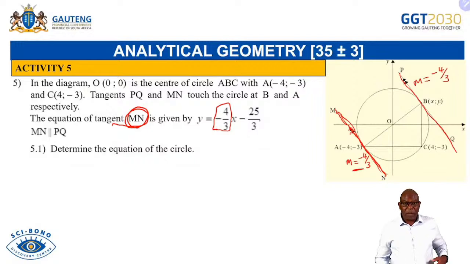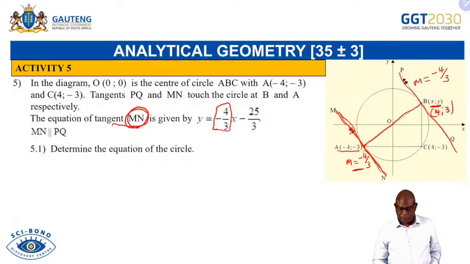So can you see, I'm taking the information that is given, trying to make sense out of that sketch. If I'm given that point as minus 4 and minus 3 on this side, and this line passes through the center of the circle, right? That point there will be the same, but with different signs. So if the signs are minus 4 and minus 3, this one here will be 4 and 3. It's just a mirror of the other one.